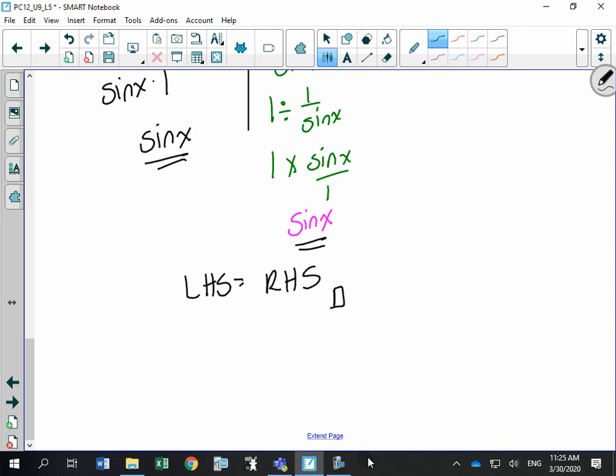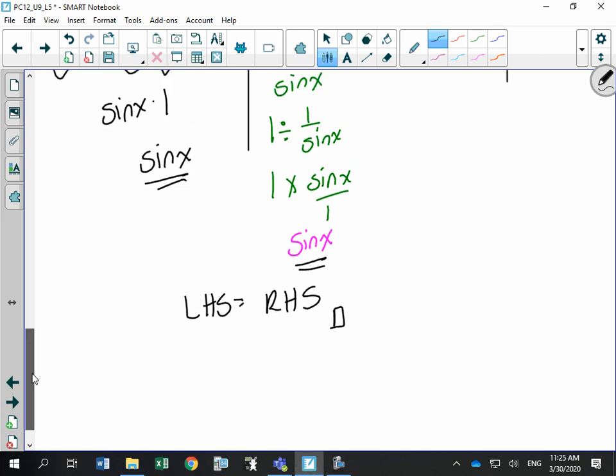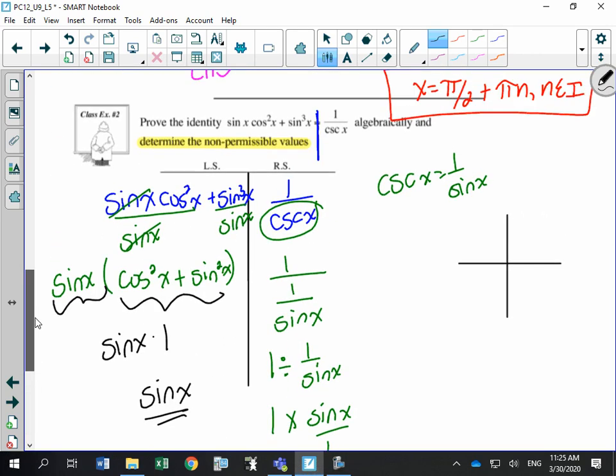Okay, let's look at the second part of this question. The first part was just proving the identity using algebra, and the second part was determining the non-permissible values. So remember that for non-permissible values, we could never divide by 0. So essentially, this here, cosecant of x, could not be equal to 0, right? I cannot have 0 here.